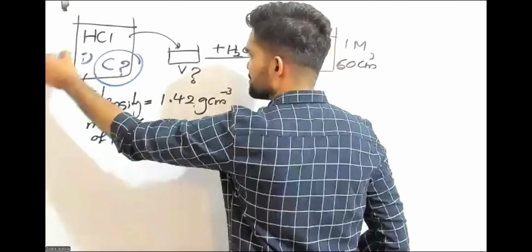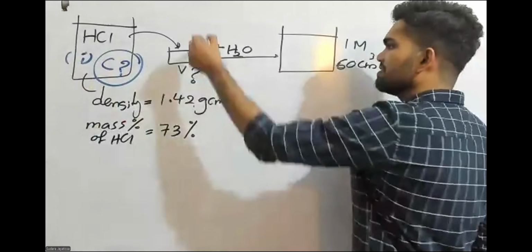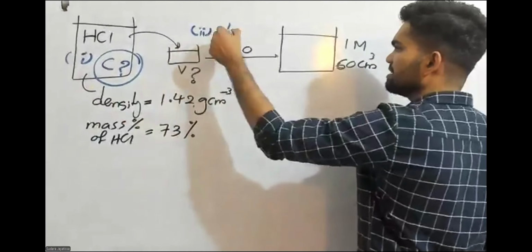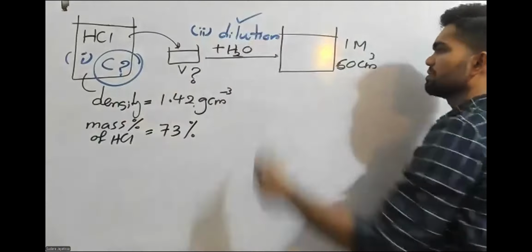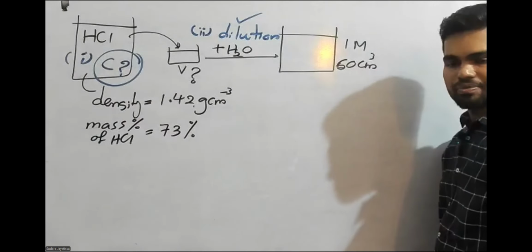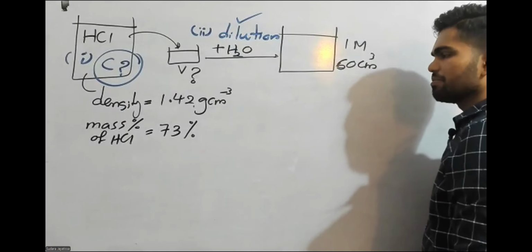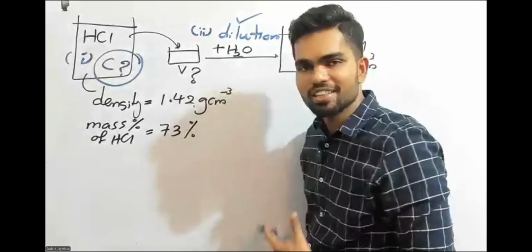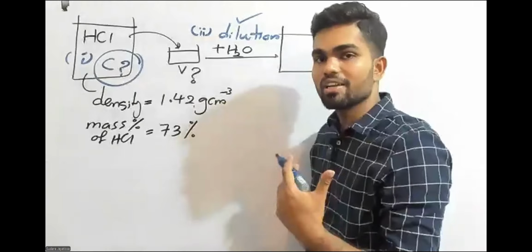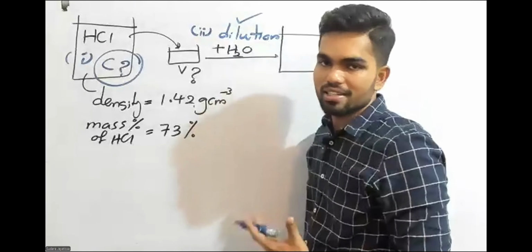Our first part is finding the concentration, and our second part is dilution. Most of you can do this one very well, but the question starts from finding the concentration. So we have to think about the method of finding this concentration.